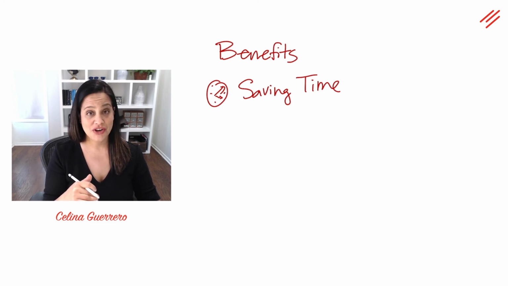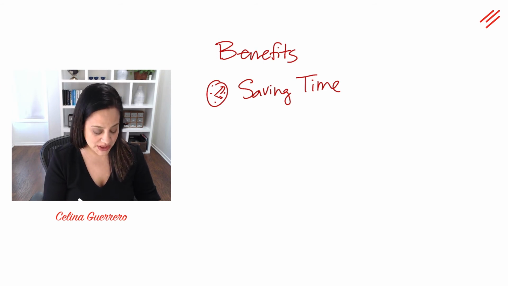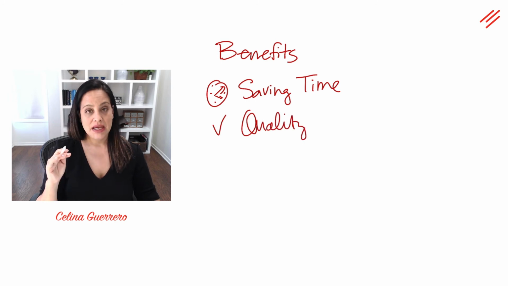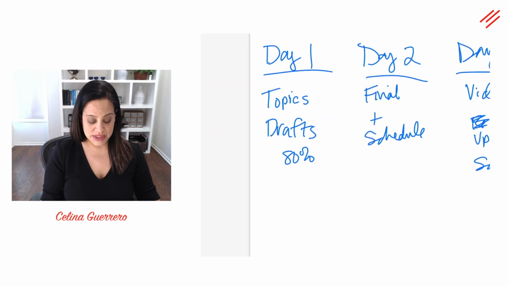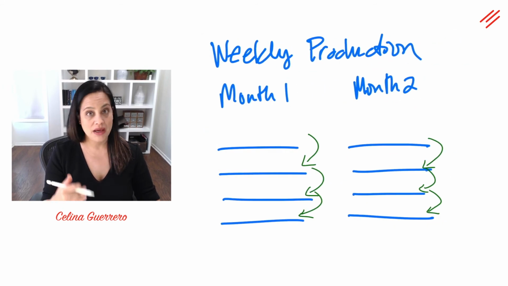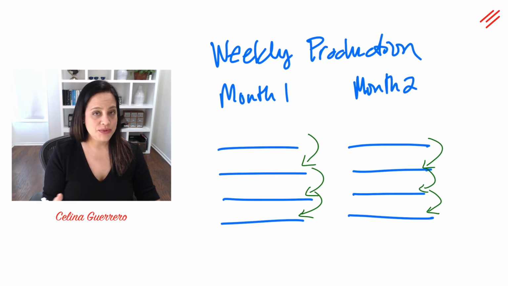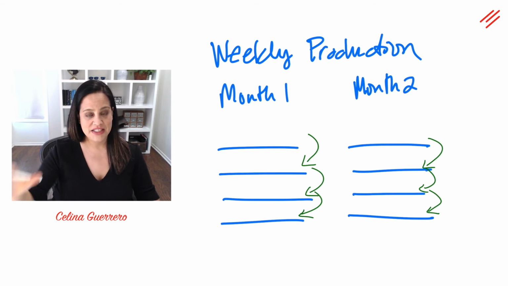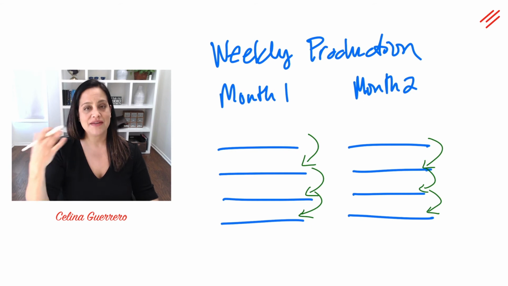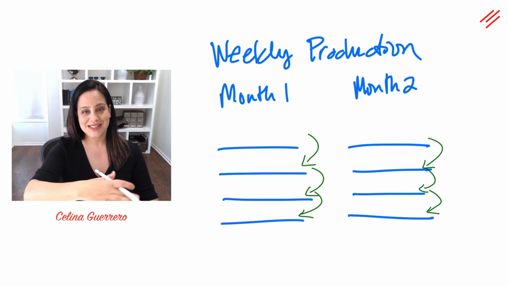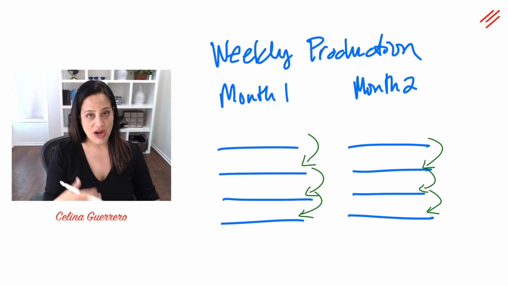Oh, that's my dog. Sorry. It's going to be better just to do that once. So the other benefit is really quality. When you're trying to do this every week, find some time, get settled in, come up with an idea, upload, you're doing a lot of different activities, and it's better to have some focused time to figure out what you want to do and do multiple emails at once.